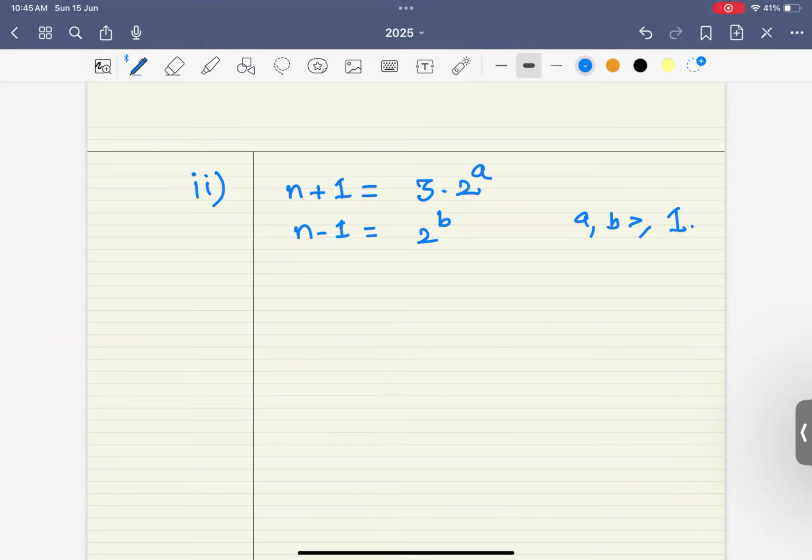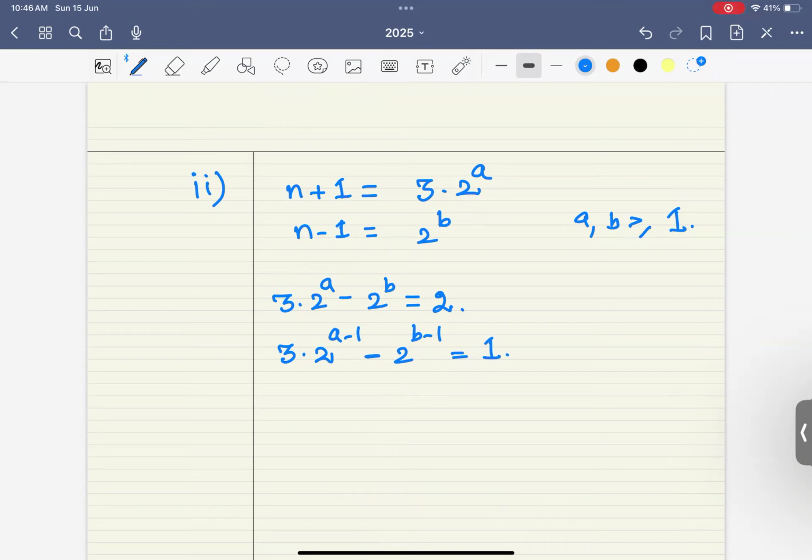Right. So if we were to simplify this, again, we're just going to subtract these. If you were to subtract this, you'll get 3 times 2 to the a minus 2 to the b, and that's equal to 2. Now, if you were to divide this equation by 2 throughout, what you get is that 3 times 2 to the a minus 1 minus 2 to the b minus 1 is equal to 1.